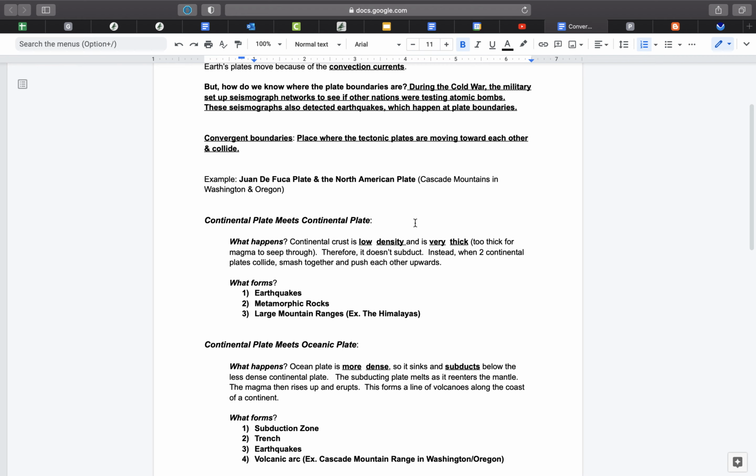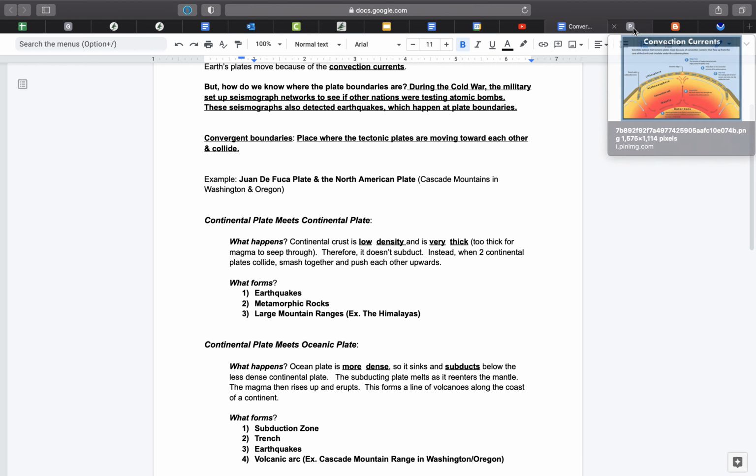So in this case, a continental plate converges, coming together with another continental plate. Both of those plates are roughly the same low density, and they're also very, very thick. Because of that, neither plate really will overlap the other, a process we call subduction.